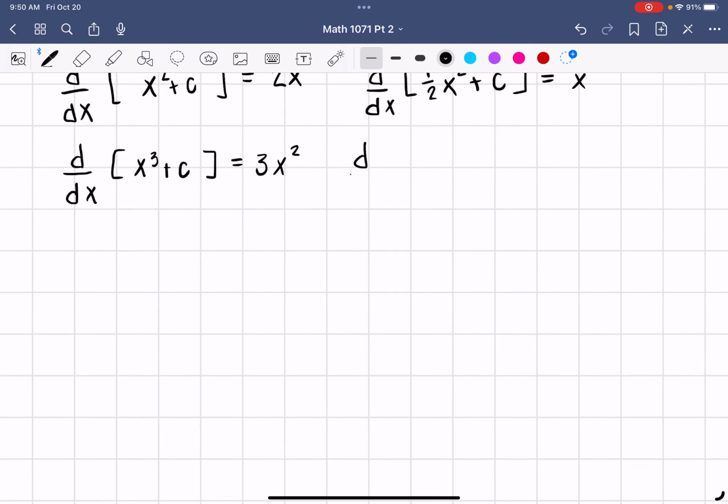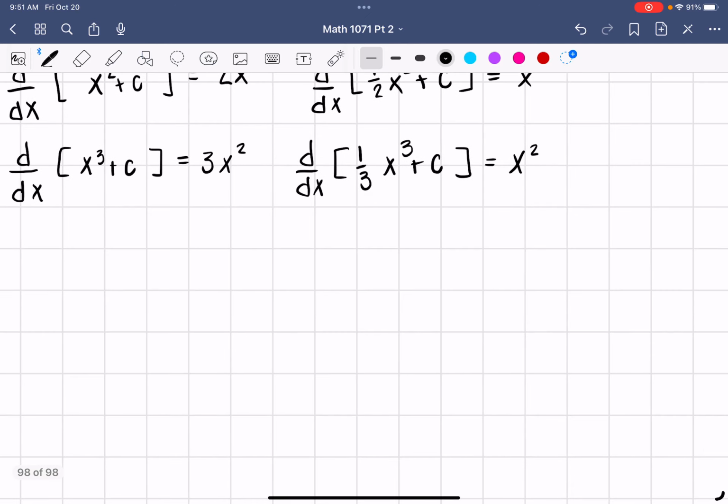If I had a third x cubed, wouldn't that do it? Because if I take the derivative here, that's 1/3, x cubed becomes 3x squared, and the 3's cancel. Okay? I'm leading up to a formula. So there's a formula coming. You don't have to do a bunch of guessing. But I'm trying to warm you up to the formula.